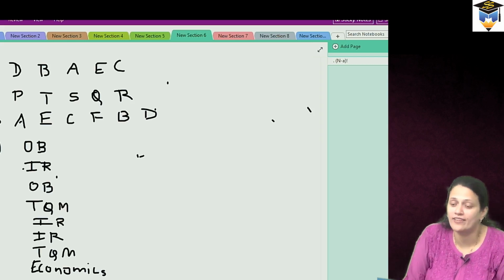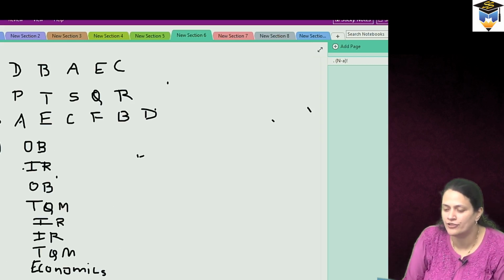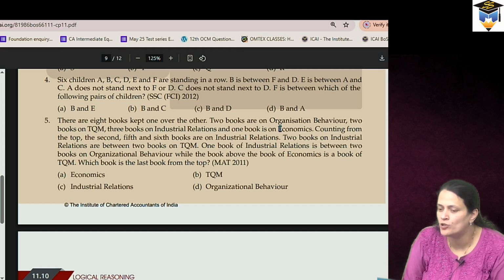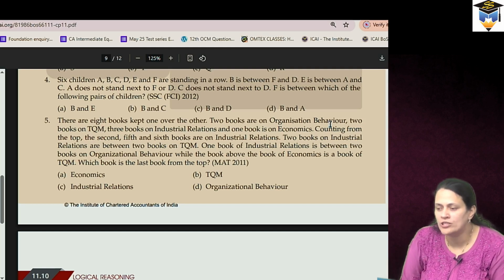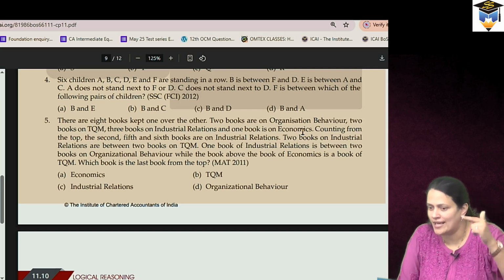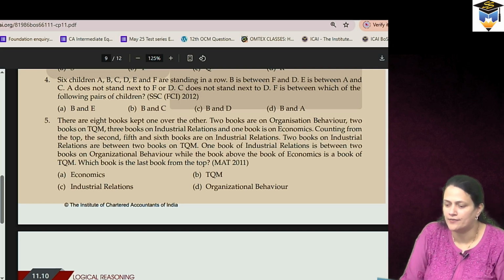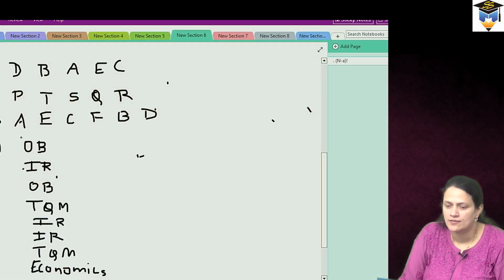Correct? Okay, anyways. So fifth question, there are 8 books kept one over the other. 2 books are on organizational behavior, 3 on TQM, 3 on IR and 1 on economics. Counting from the top, the second, fifth and sixth are IR. Second, fifth, sixth.